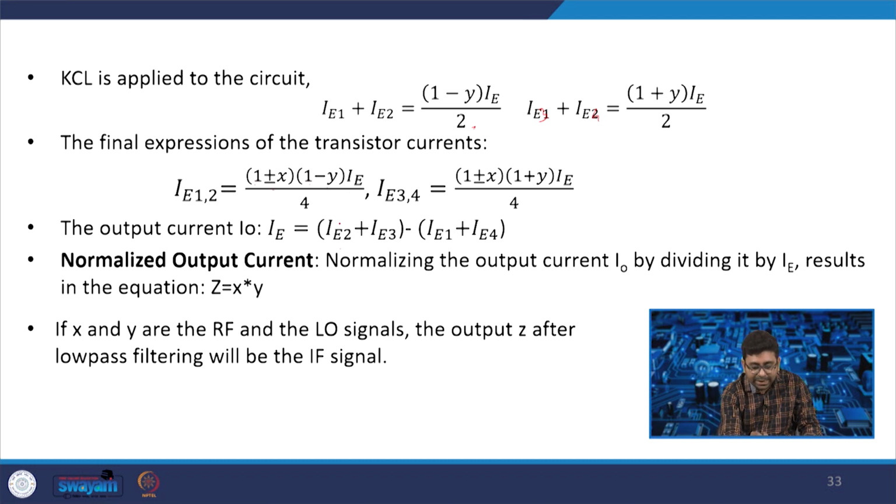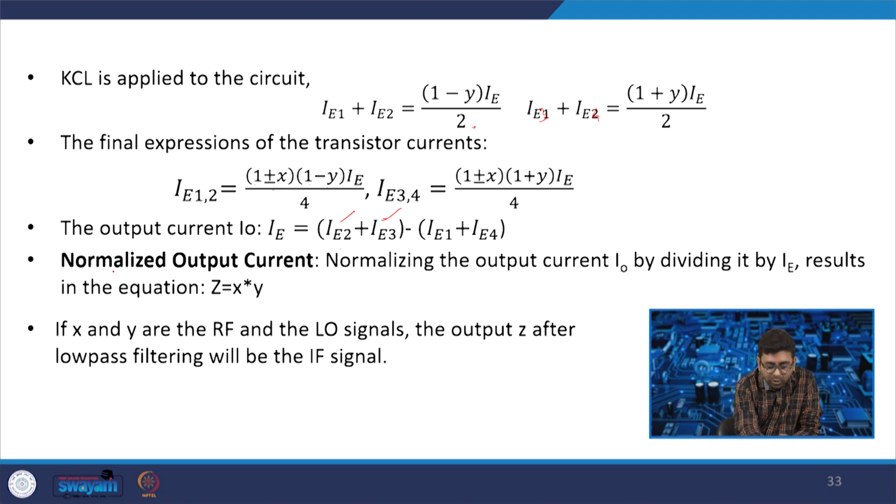So, this is I_e2 plus I_e3 minus I_e1 plus I_e4. If you write it down, you get I_e1 here and I_e3, minus I_e1 plus I_e3.